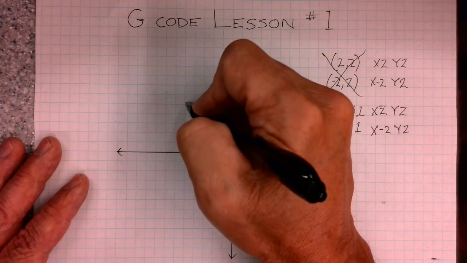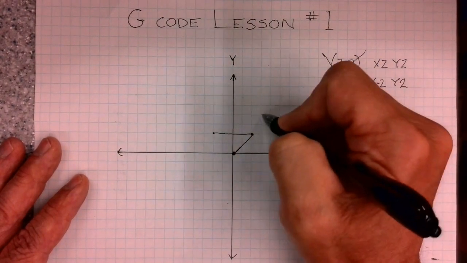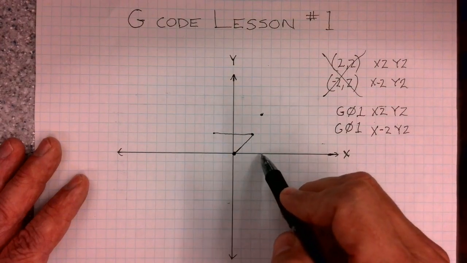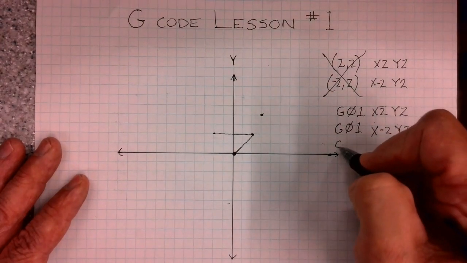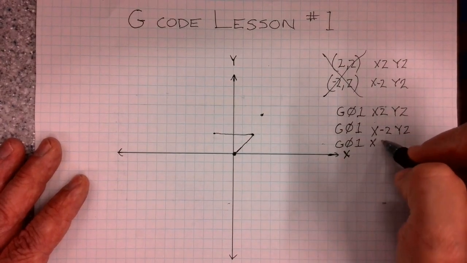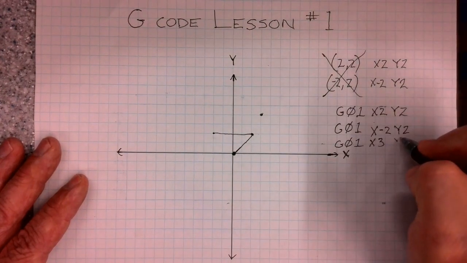Let's add another location. We won't get too far away, but we'll go right here. That would be x1, 2, 3. G01, move in a straight line, x3, y4.